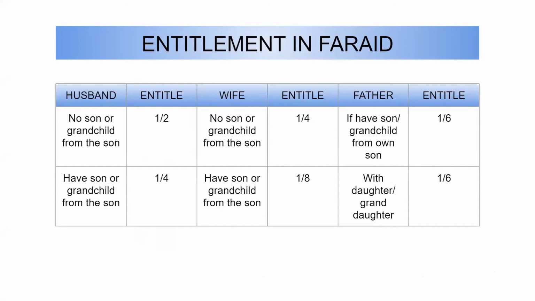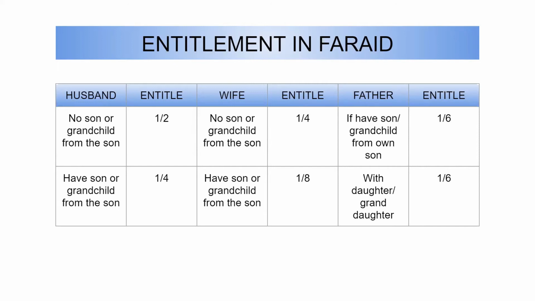If the husband has no son or grandchild from the son, the husband is entitled to 1/2, which is half of the faraid. Next, if the husband has a son or grandchild from the son, the husband is only entitled to 1/4 or a quarter of the faraid.